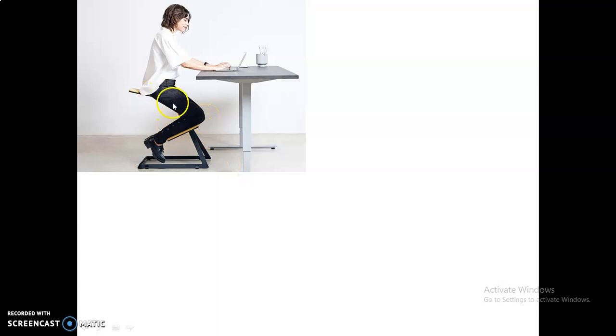Although this posture is good for the lower back as well, because the hip level is higher than your knees, right? Which is not true when you are driving. When you drive, your knees are above your hip level. That's why all the truck drivers, Ola, Uber drivers face flat back and lower back pain because of this posture.